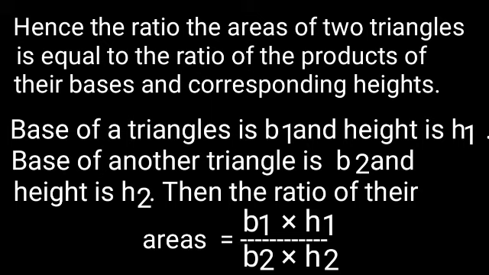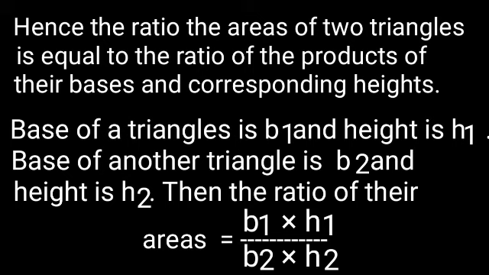Suppose the base of a triangle is B1 and its height is H1. The base of another triangle is B2 and its height is H2. Then the ratio of the areas of those triangles we can write as B1 into H1 upon B2 into H2.